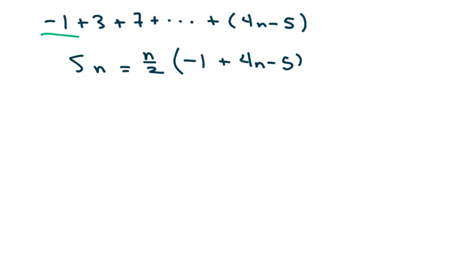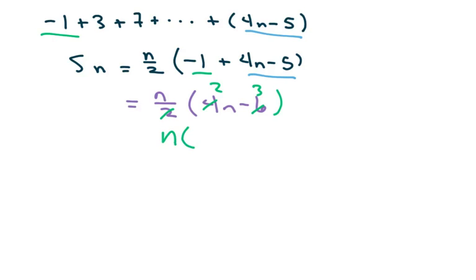This is your first, this is your last, and then all you have to do is clean this up. Now this 2 goes into 4 twice, into 6 3 times. So this is going to be n times 2n minus 3. That's your sum. And if you want, you can just leave it like that, or you can write 2n squared minus 3n. This is actually the better way to leave it.